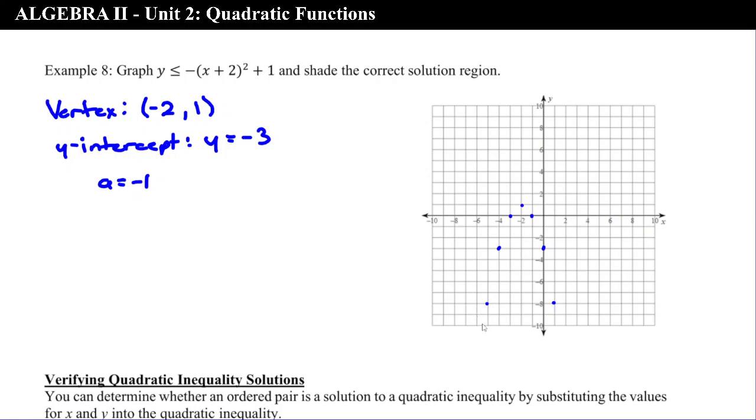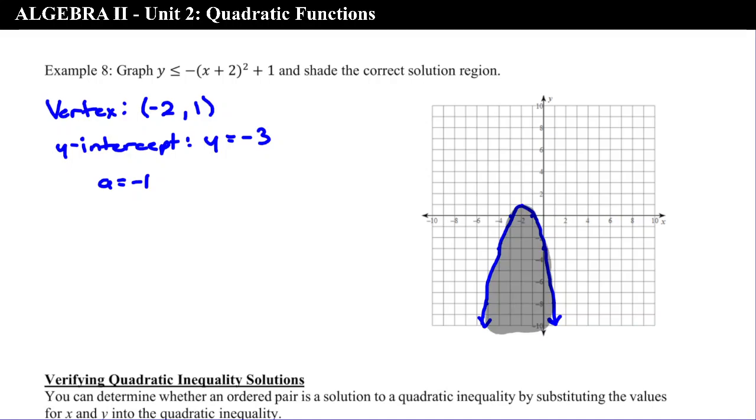All right, we do have an equals portion, so that means we're going to have a solid line. And then finally, we have a less than, which means anything below the parabola will get shaded. So that would be everything inside the parabola.